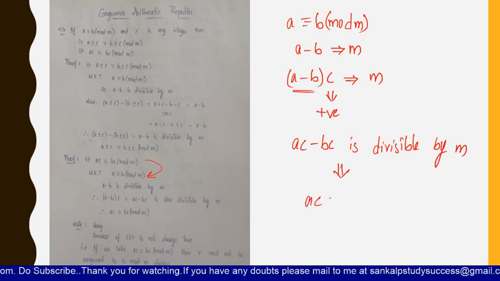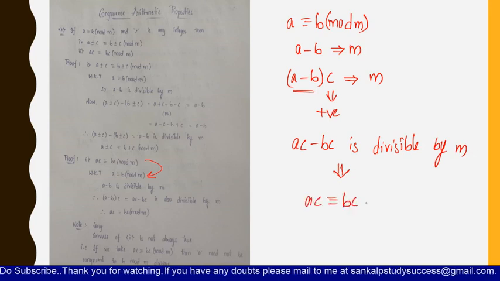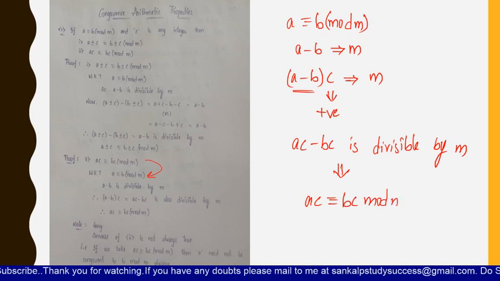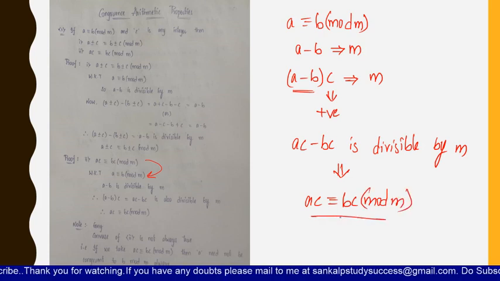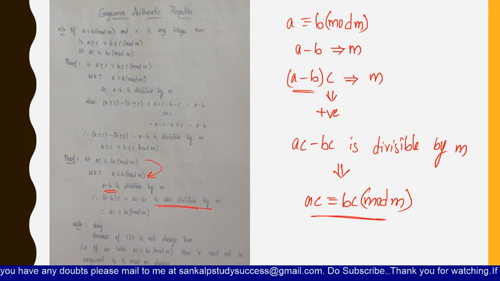We can represent it as AC is congruent to BC mod M, right? So we got our property. So let us see here. A is congruent to B mod M is nothing but A minus B is divisible by M. And if you multiply C here, you will get AC minus BC, which is also divisible by M. That means AC is congruent to BC mod M.